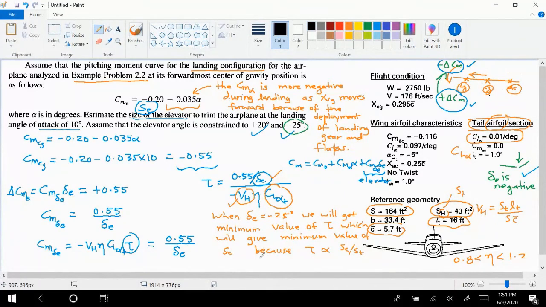To find this CL alpha t, you can write CL alpha t equals CL alpha tail divided by 1 plus CL alpha tail divided by pi AR.